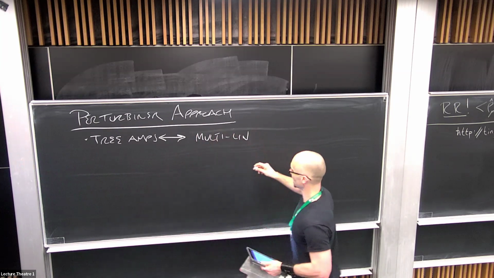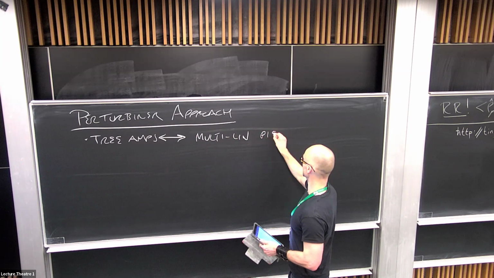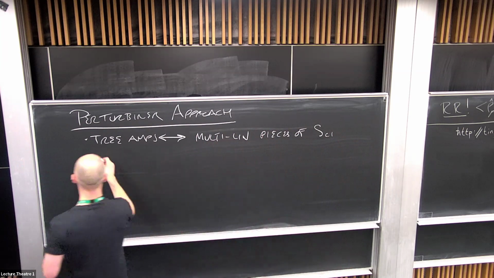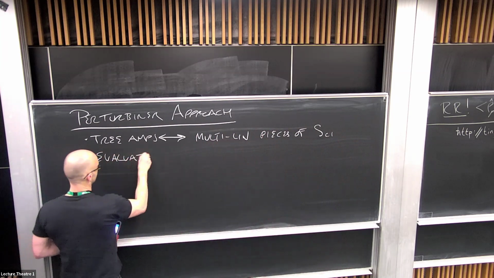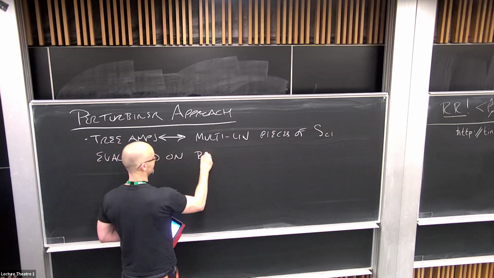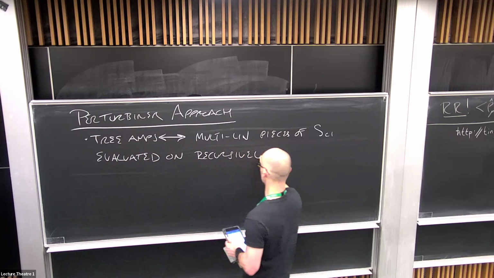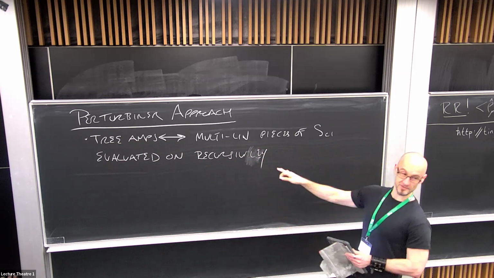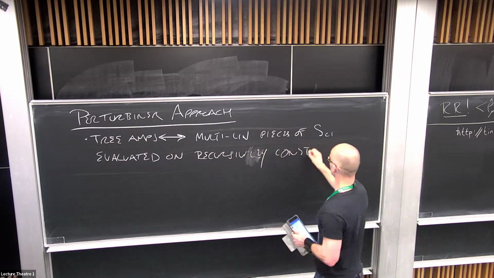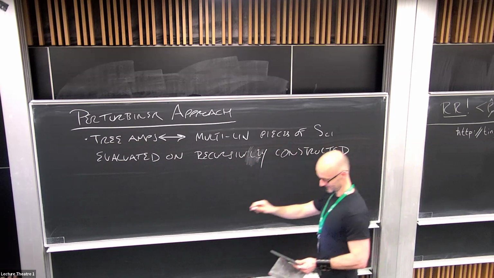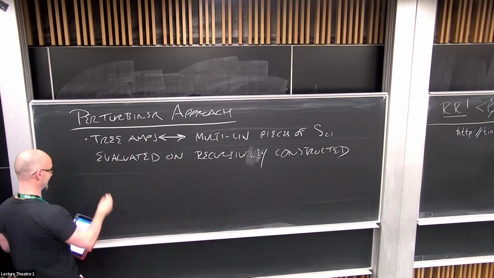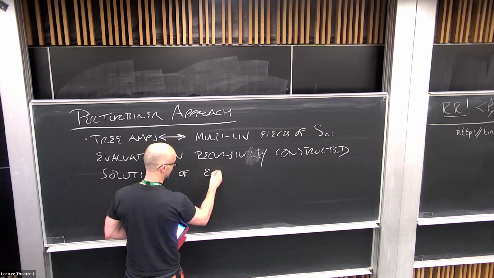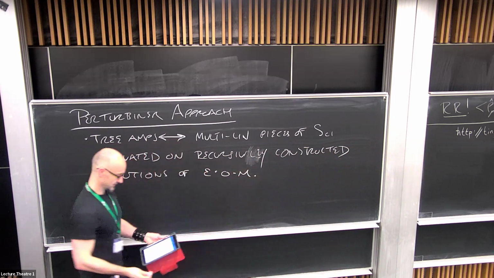Right, so here's the definition. Tree amplitudes are multi-linear pieces of the classical action, evaluated on recursively constructed solutions of the equations of motion.